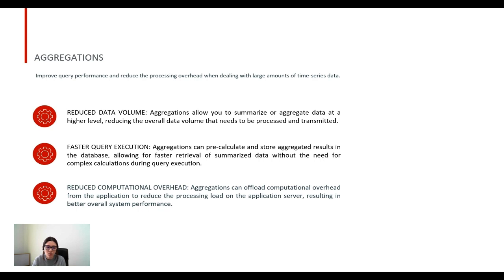For data volume, by involving aggregations, we are reducing the overall data volume that needs to be processed and transmitted. That leads to faster queries because all of the aggregations are pre-calculated and stored in the database. We're not doing complex calculations during query execution. And that leads to the third thing, which is overall reduced computational overhead in Ignition.